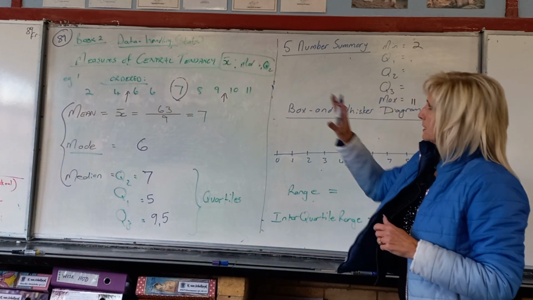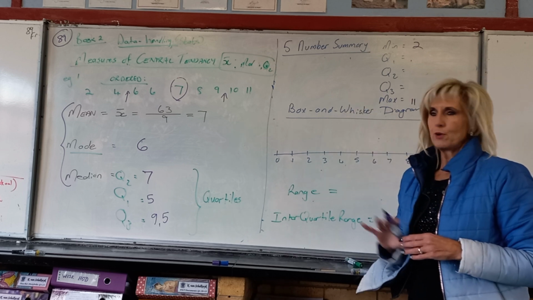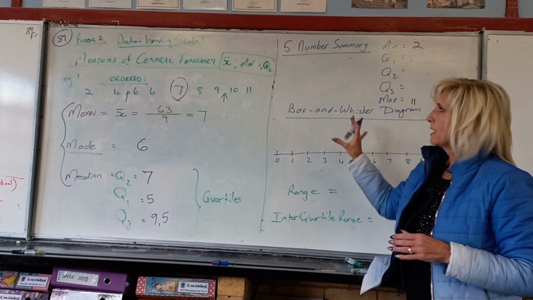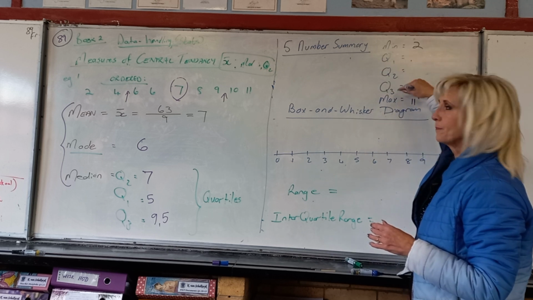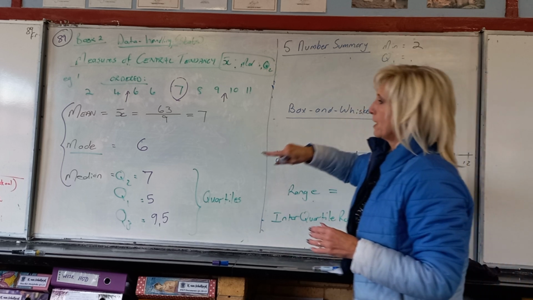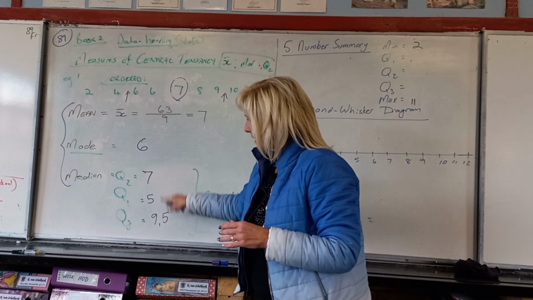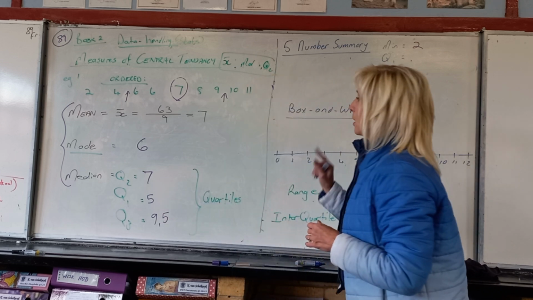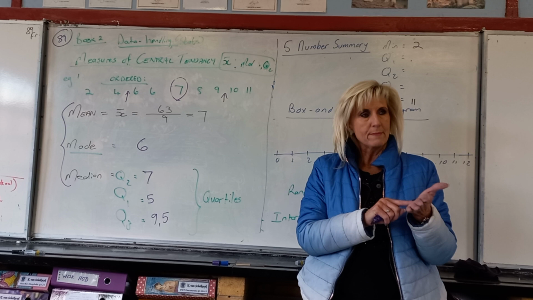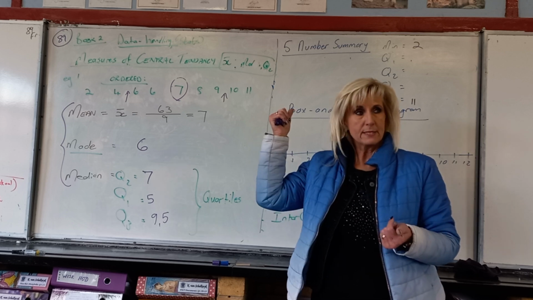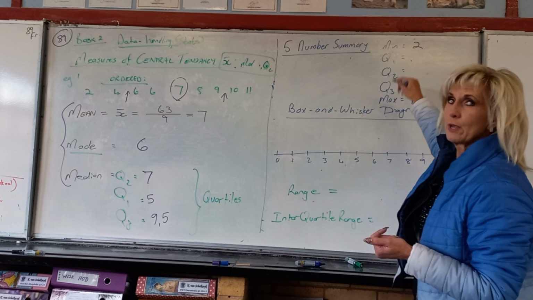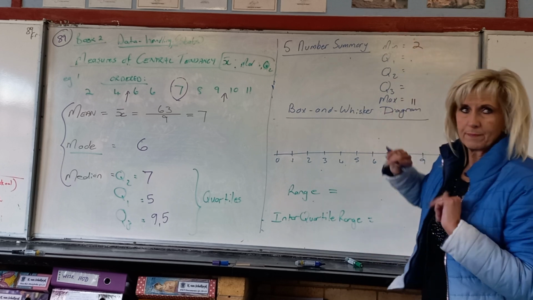So we're getting right into the 5 number summary before we get to the box and whiskers. 5 numbers meaning the minimum and the maximum, and then your 3 quartiles. So if I've got to go to the quartiles, then I have to, on my calculator, just press minimum and maximum. If it's the newer one, it'll give me minimum and maximum and quartile 1, 2, 3. All 5 of those are there.